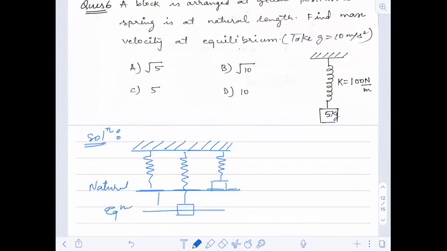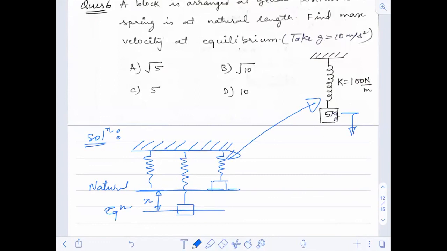So there has to be a deflection in the spring by X amount. The given figure is here. That means this mass of 5 kg will move further down.